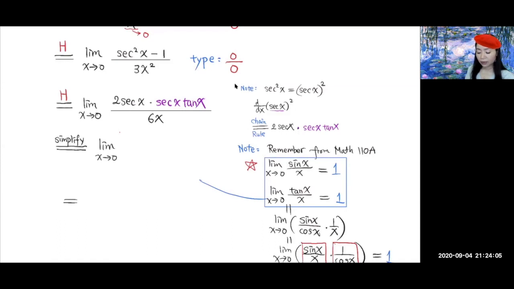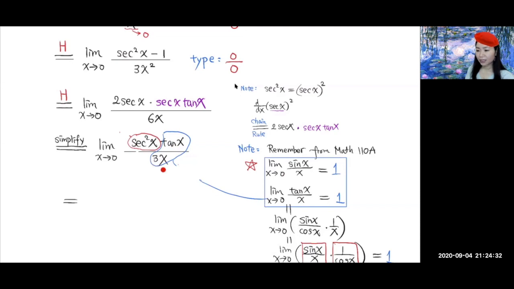Simplifying this, we get secant square x, and then tangent x, and then down here is 3x.